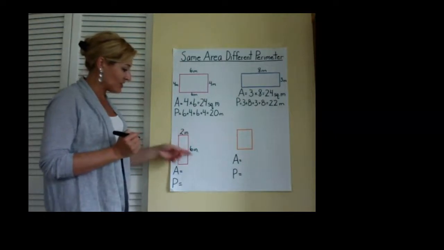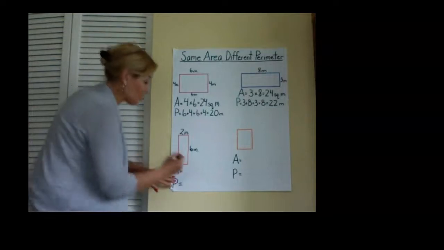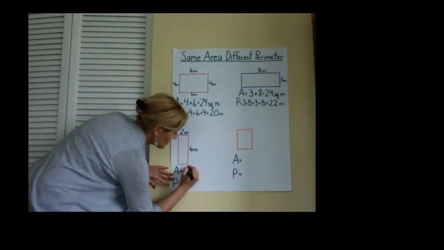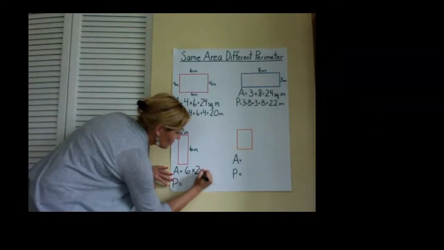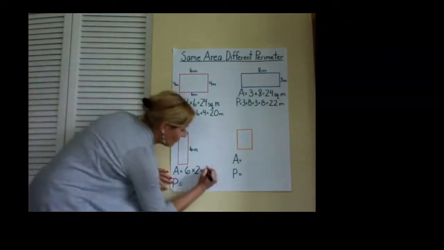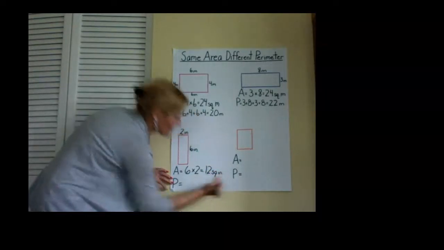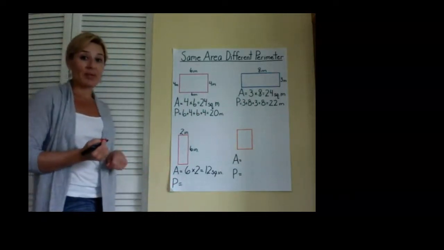So we have our measurements now, and I can find my area. I'm going to remember, multiply 6 times 2 equals, and you should know this, counting by 2s, 12 square inches is our answer.